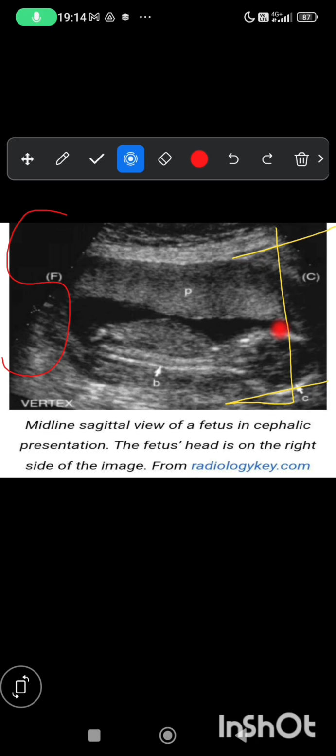So will it be a cephalic fetus or breech fetus? Cephalic presentation, exactly, because the head is down, near the cervix.